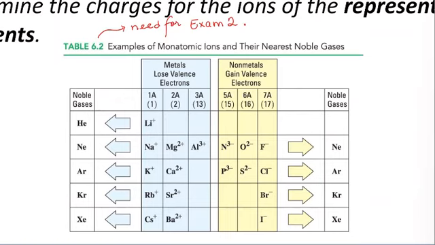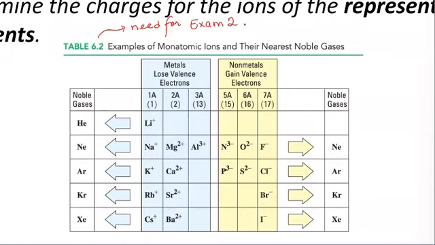When it comes to sodium, it loses that valence electron and becomes like neon. Potassium loses that valence electron, it becomes argon. And as you can see, it gives you in this table what is going to be the noble gas configuration that those elements get. Now, let's move to group 2A.